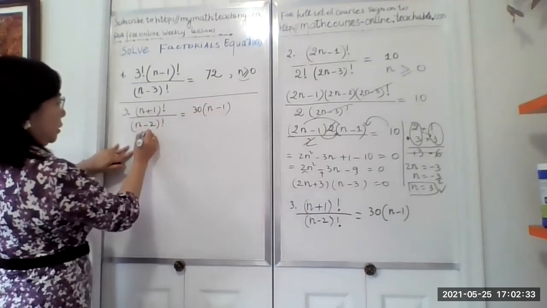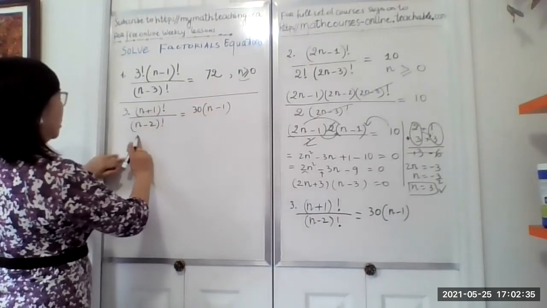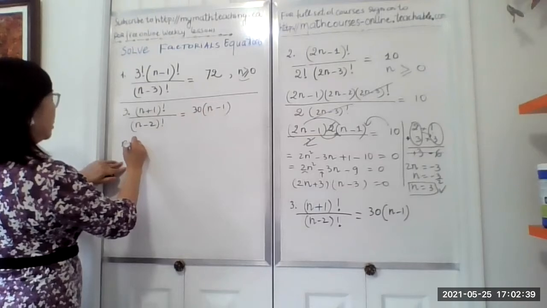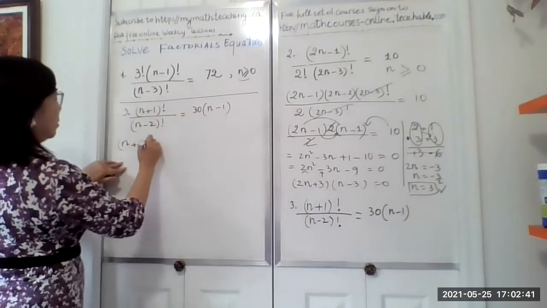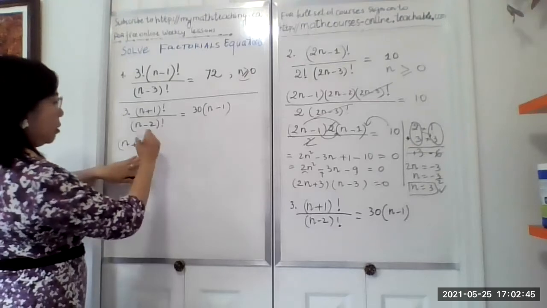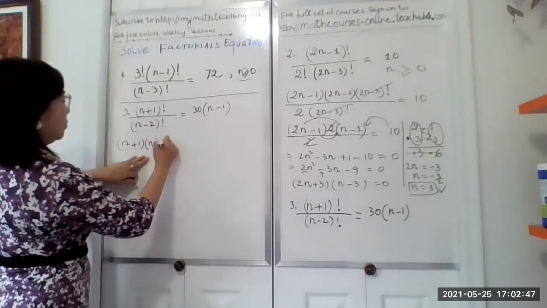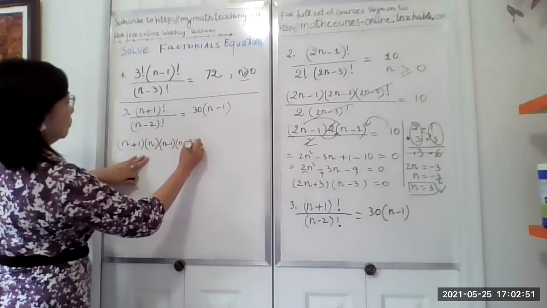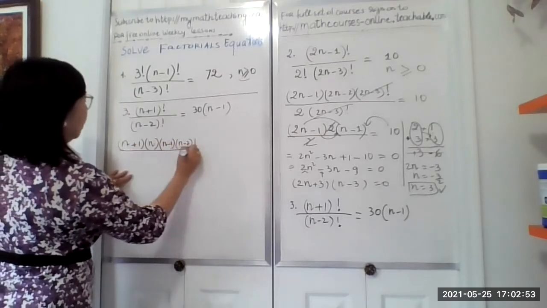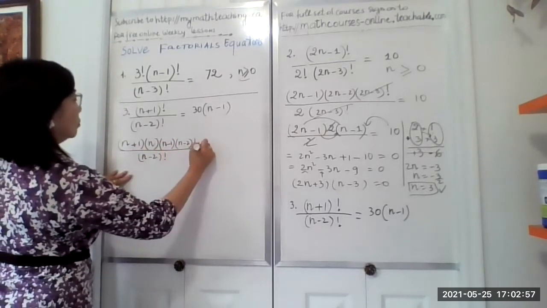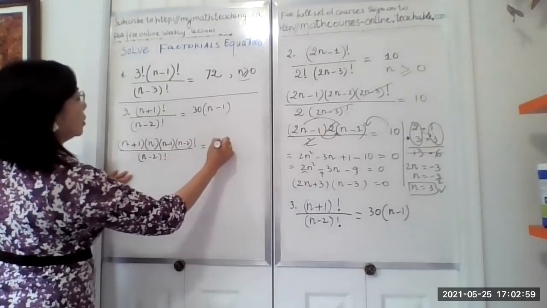This number is bigger than this number, so I'm going to expand the first factorial on top. I will have (n plus 1) times n, and times (n minus 1), times (n minus 2)!, remember, descending order going down, divided by (n minus 2)!, equal to 30 times (n minus 1).